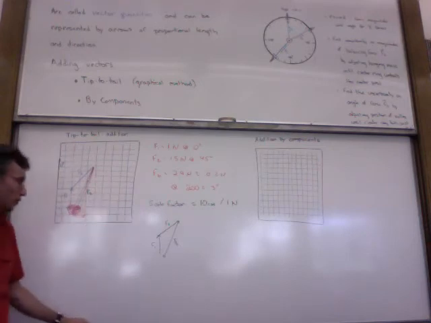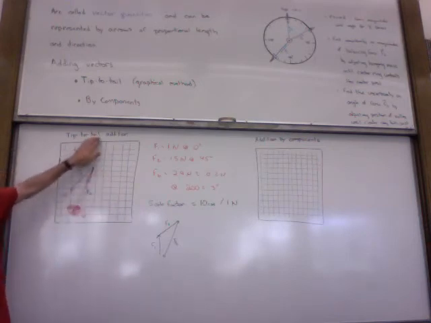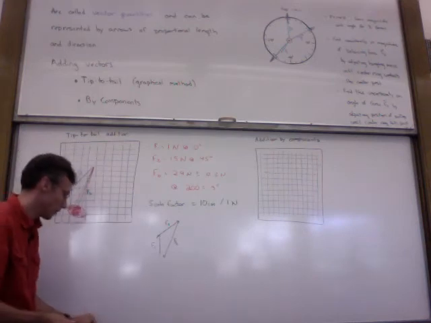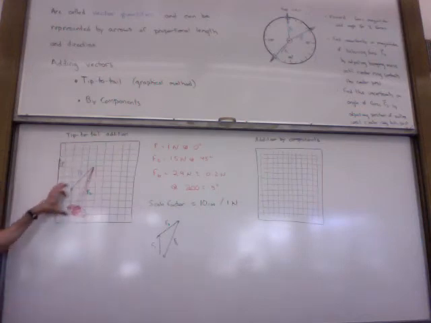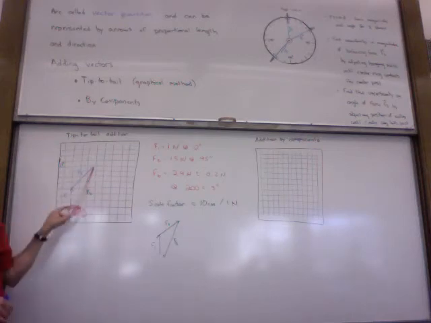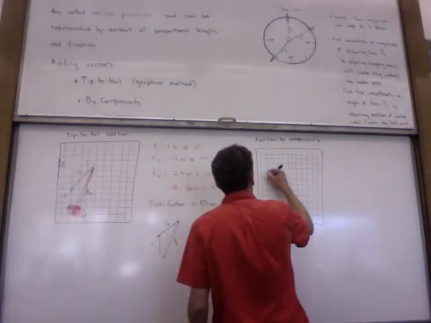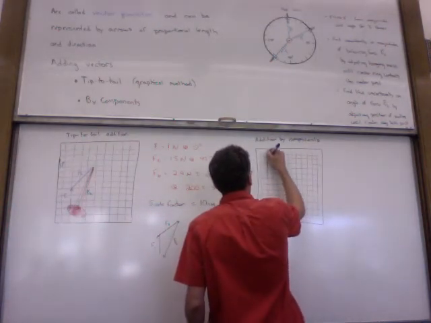We're actually going to draw two graphs, one for the tip-to-tail method and one for measuring the components. Okay, so for measuring the components, you're going to draw the exact same vectors on a separate piece of graph paper. Only difference is we're not going to arrange them tip to tail. We're just going to draw them at 3 arbitrary points.